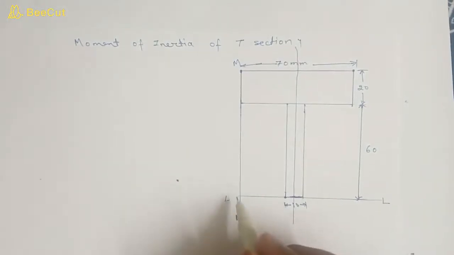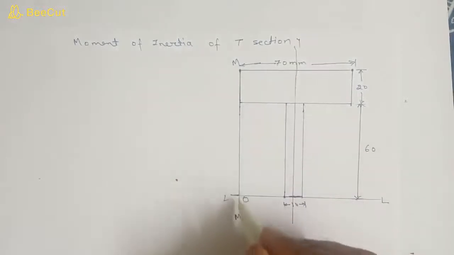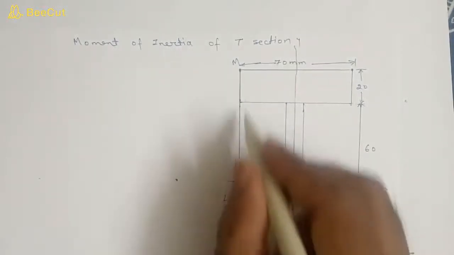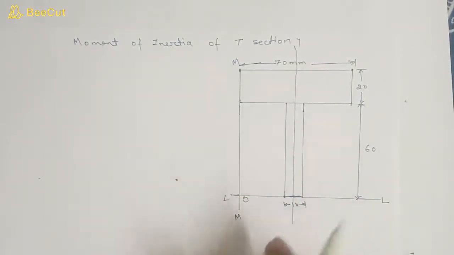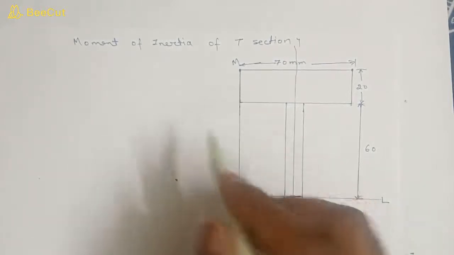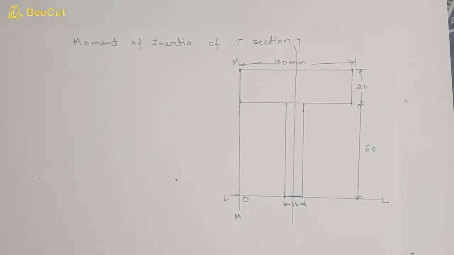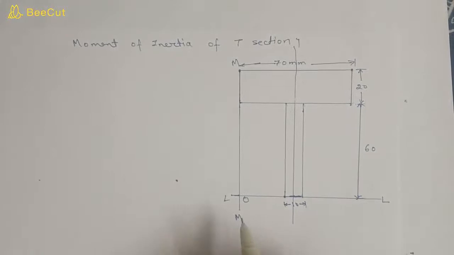So this is the origin. Suppose these are the x-axis and y-axis. These are not centroidal axes. These are the axes for calculating the x distance and y distance from the origin. So let's draw a table.